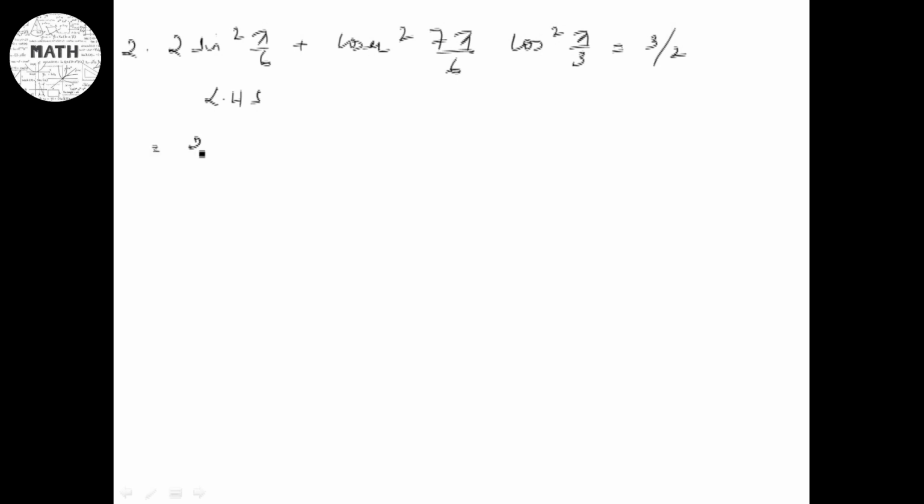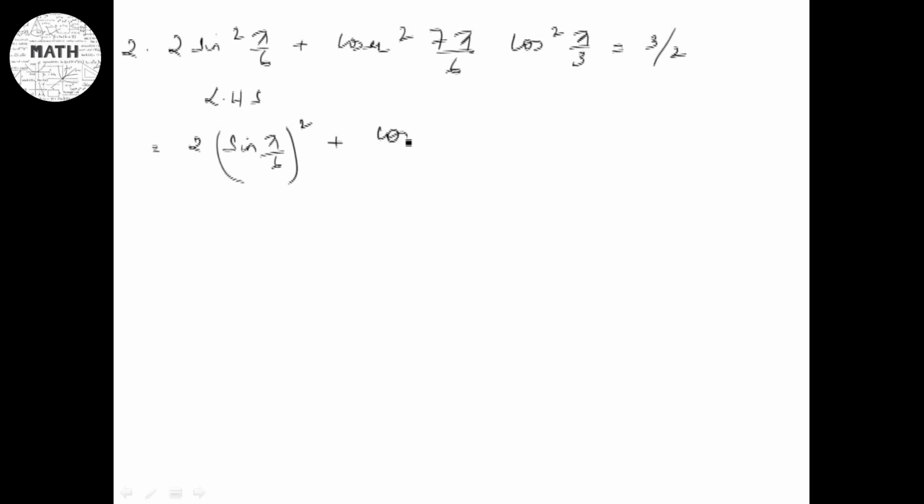In a similar manner, let us do question number 2. Question number 2 is 2 sine square pi by 6 plus cosec square 7 pi by 6 plus cos square pi by 3 is equal to 3 by 2. Again, in a similar manner, let me take the left hand side. So the left hand side is 2 times sine pi by 6 the whole thing square, because sine square is given, and the same for the other terms.